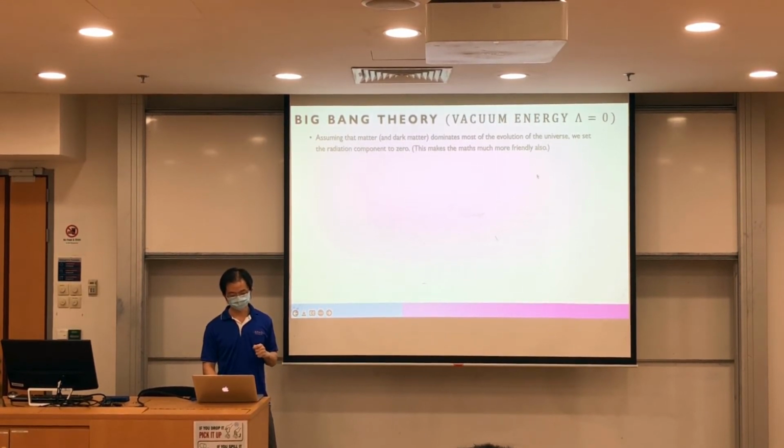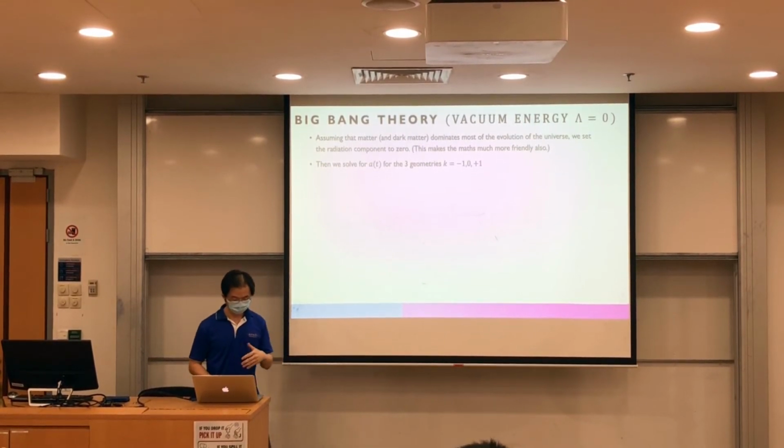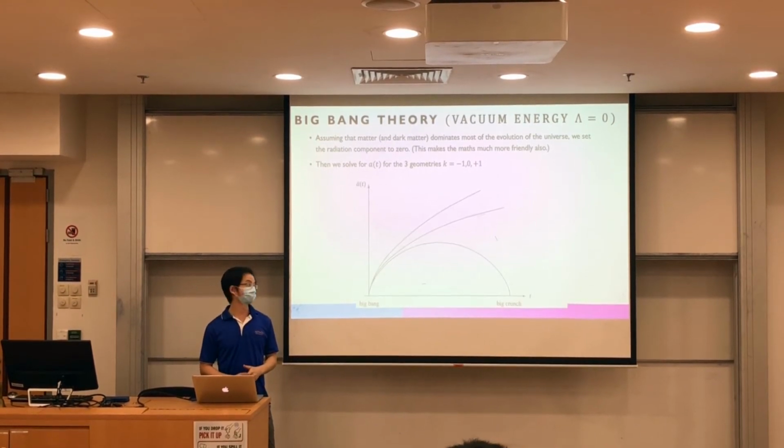In my course, the math is not very friendly once you have other components coming in. So in short, when we solve for the scale factor for the 3 geometries, it will look like that.